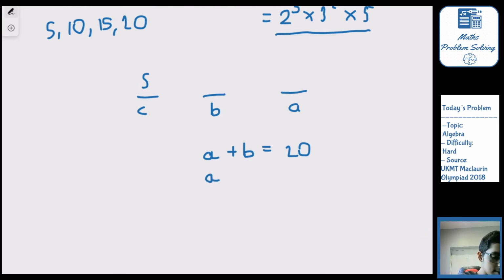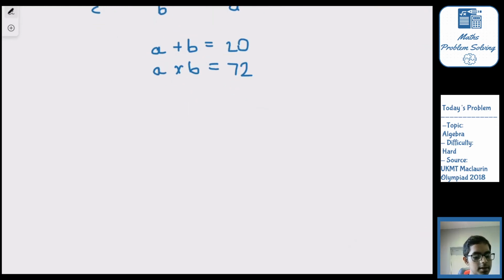And now a times b equals 360 divided by 5, which is 72. So now this is a quadratic. Since a plus b has to equal 20 and a times b equals 72, we can write this in the form of a squared minus 20a plus 72 equals 0.